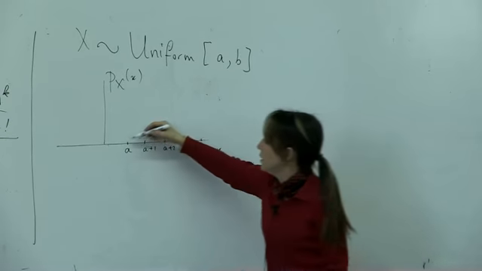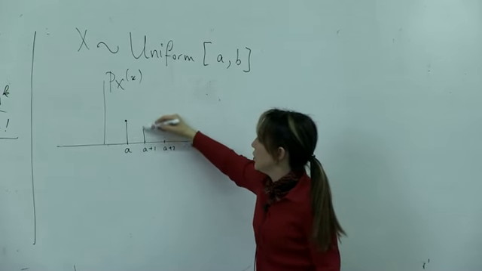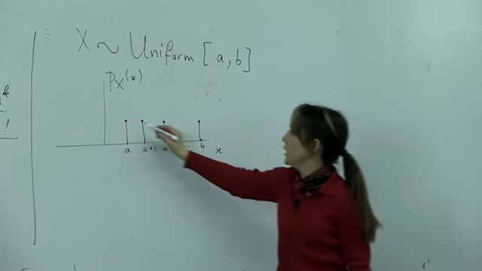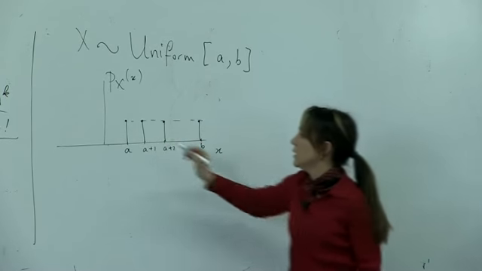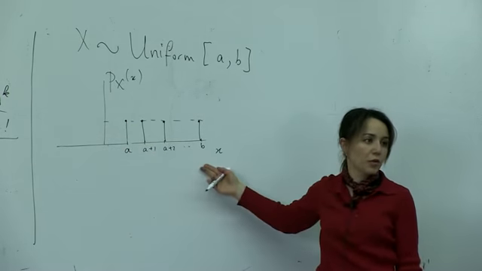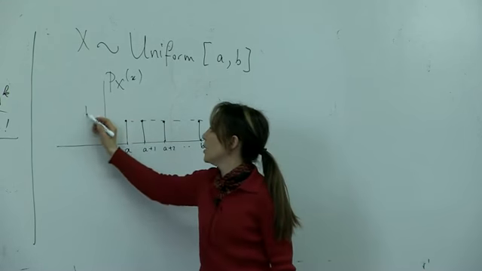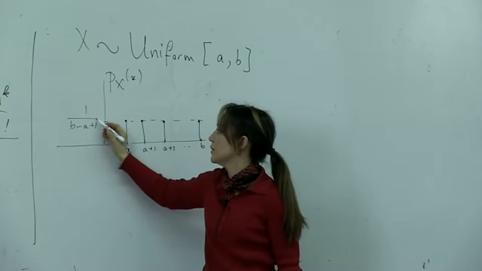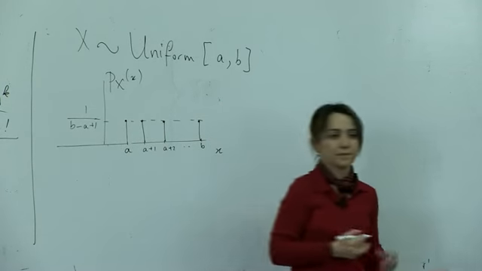It takes all integer values in this interval with equal probability. That probability is 1 over the number of values, which is 1 over b minus a plus 1.